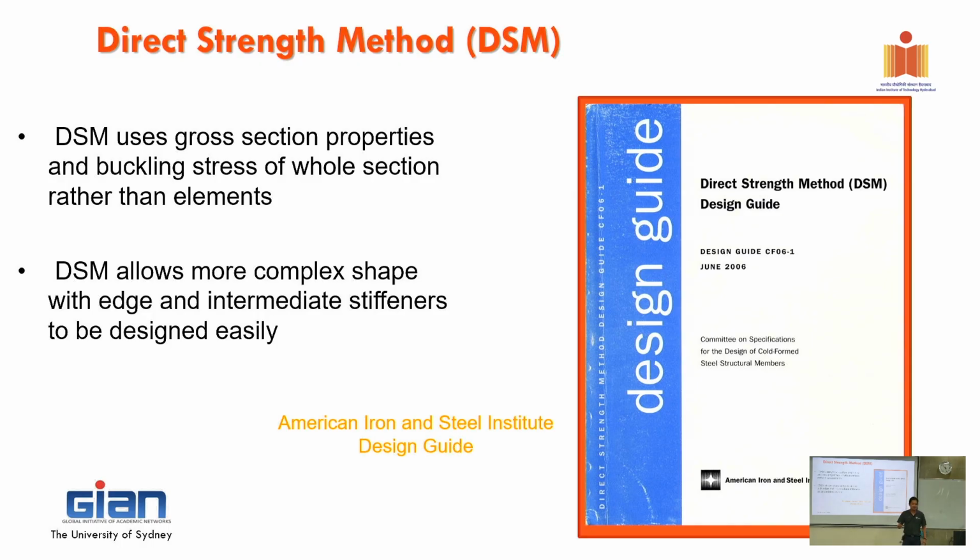That's the effective width. However, in direct strength method, we talk about the whole section analysis. So we click the button of the program, and it gives you the local buckling, distortional buckling, or whatever, of the cross section, the whole section. All right, so that is what's different.